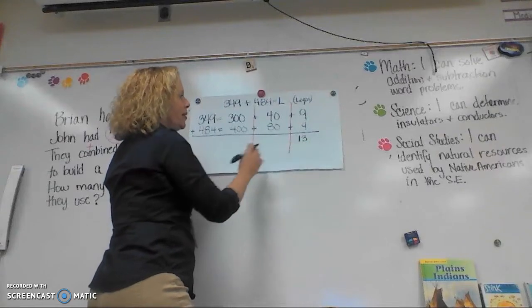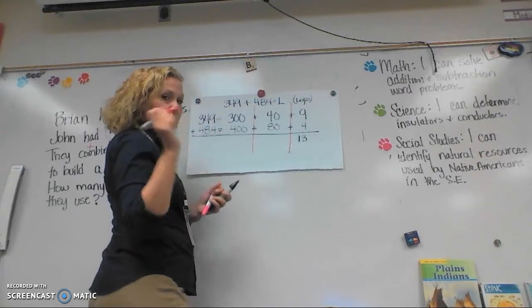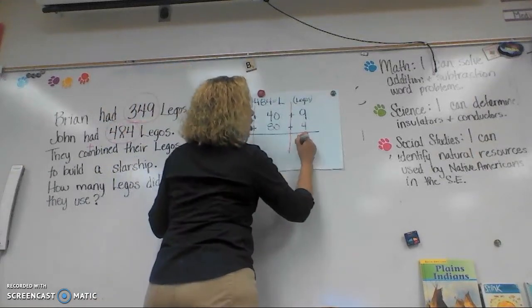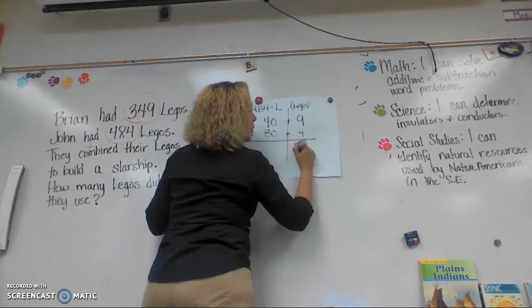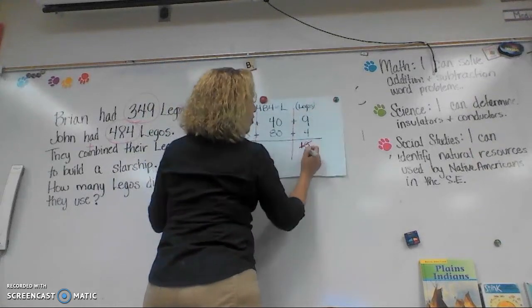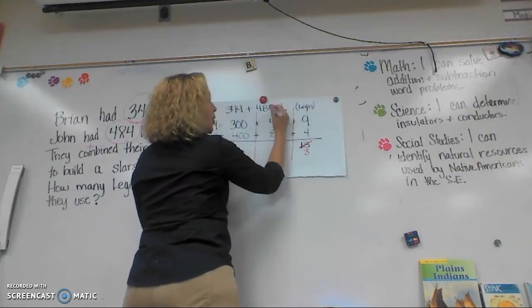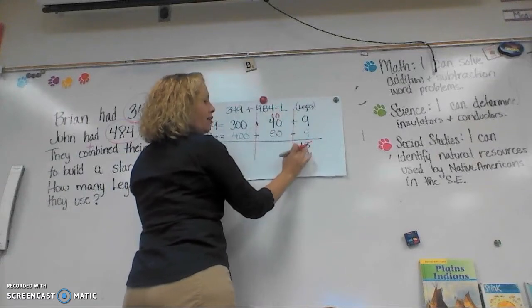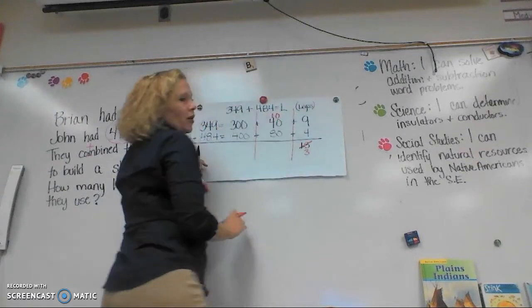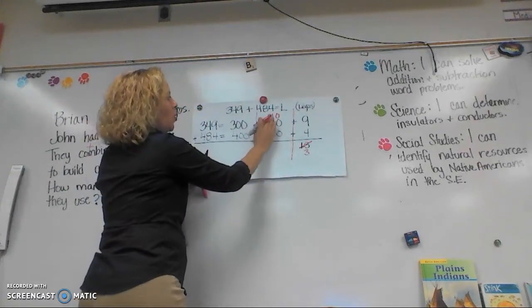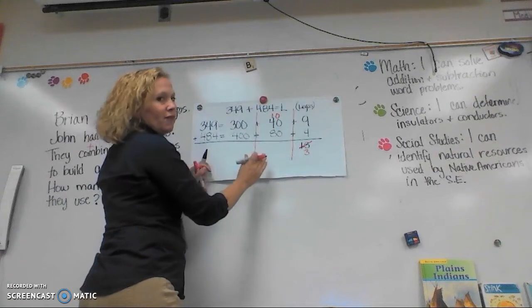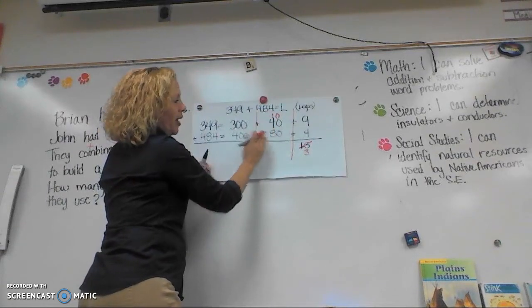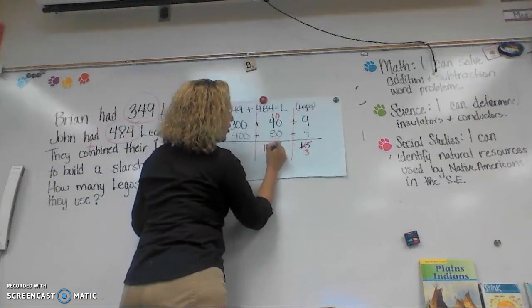We don't want 13 ones. So just for us, I'm going to put it in a different color. We're going to regroup here. We're going to leave our 3 ones and we're going to put that 10 from the 13 into our tens column. So 10 and 40, 50. 50 and 80 more is 130.